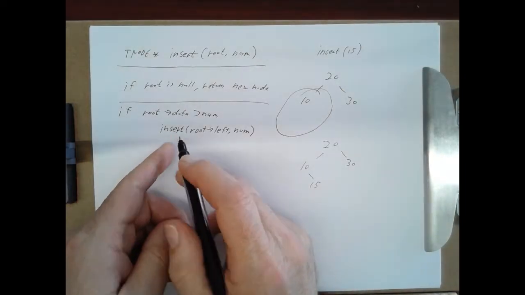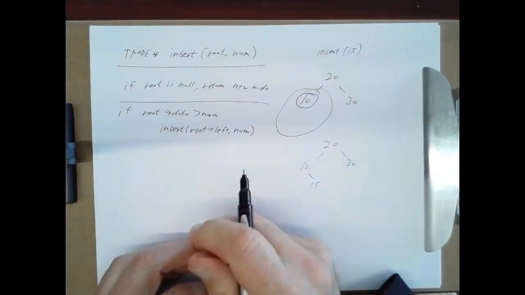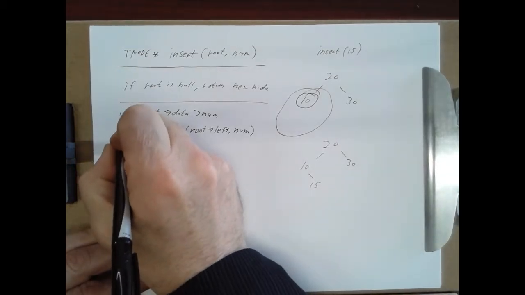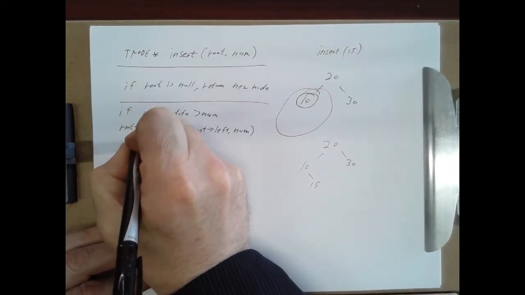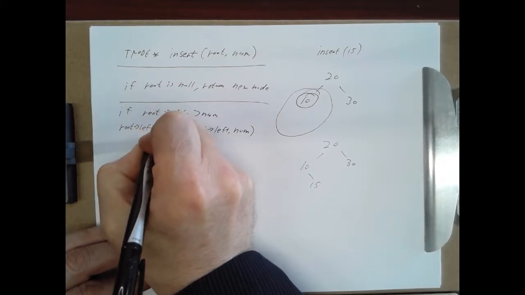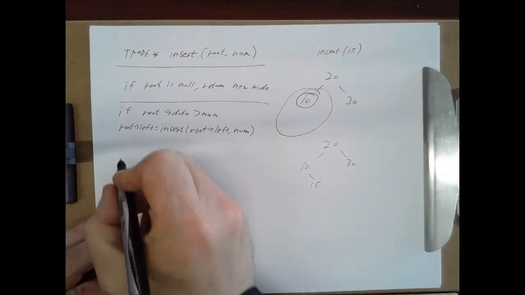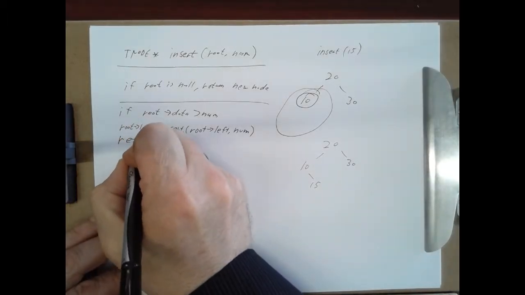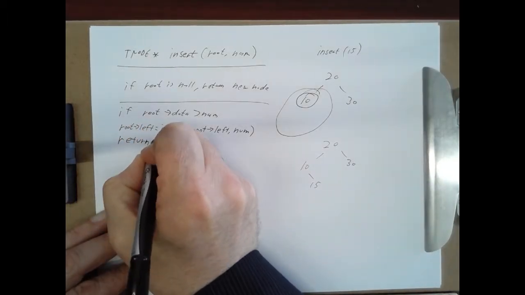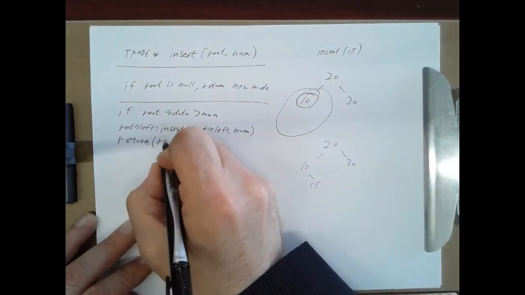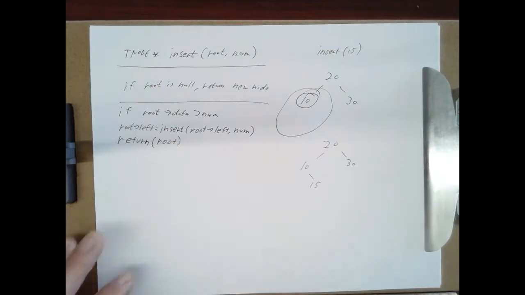And this insert will return the possibly new root of this left subtree. So we just say root arrow left equals this. And then we just return the root of the new tree, which is just going to be the same as the original root, because we haven't changed that.